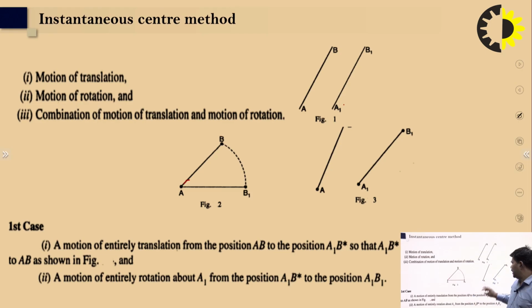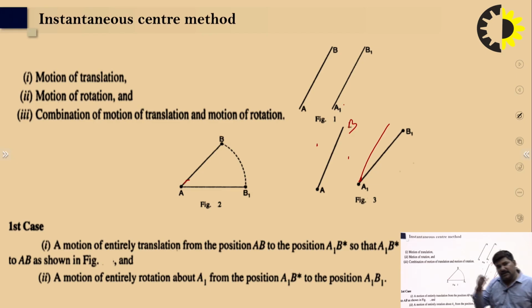So AB first undergoes a translation motion from A to A1, and after that it rotates from A1 to AB1.